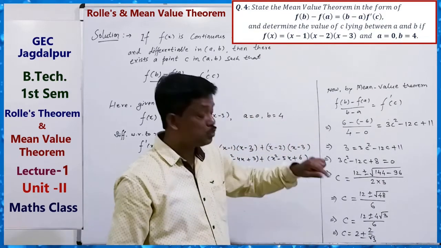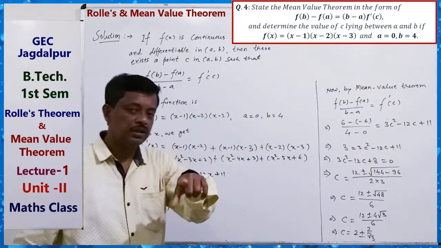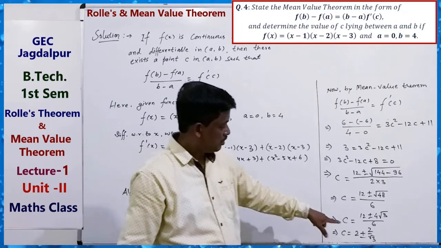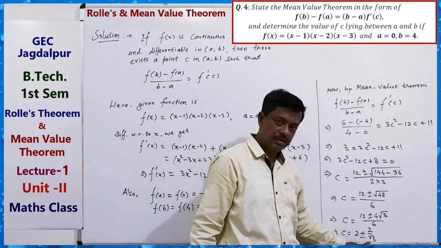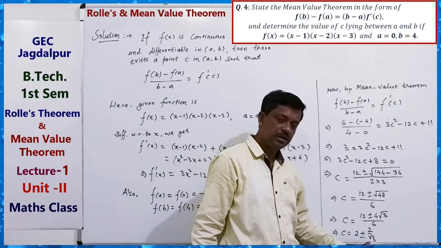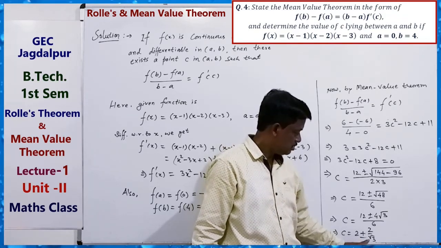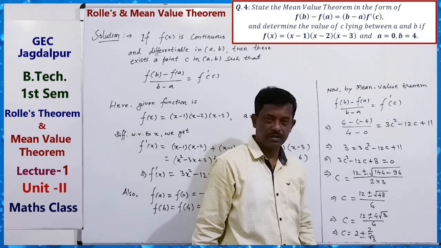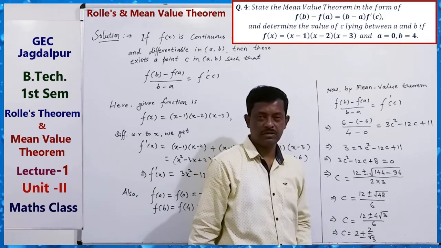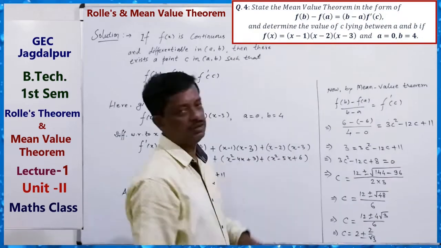So 2 plus root 3 gives 3 point something, and 2 minus gives 1 point something. That is, both values lie between A and B.